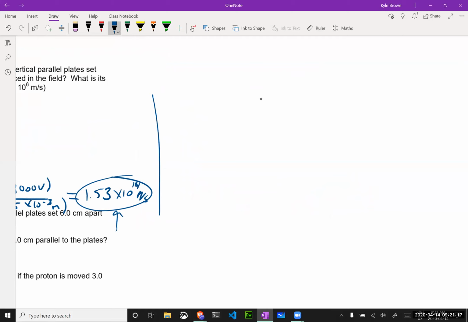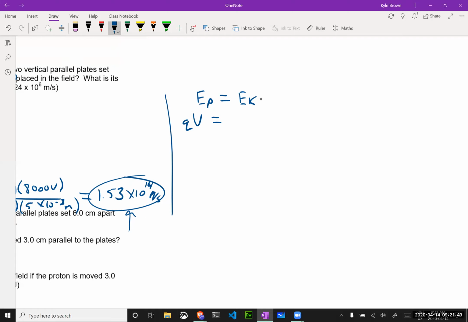You guys will look for that one again, because I know they get a little confusing now. There's a lot of them. So that's equal to 1/2 mv squared. Rearranging all of that, you get V is equal to the square root of 2q times V over the mass. And for the sake of time, I'm just going to give you guys the answer here. 1.24 times 10 to the 6 meters per second.